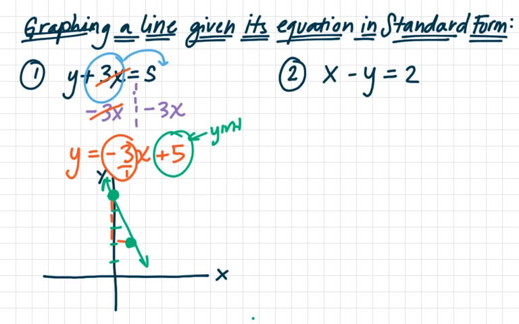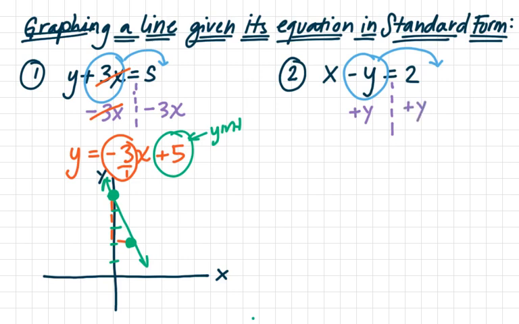Let's do another one. Again, we have both x and y on the left-hand side, which doesn't make it as easy to graph. So if we can change it to y equals mx plus b, that's going to be better. Since this is a minus y, I much prefer to have a plus y. So first thing I'll do is move that y to the other side. I'll say plus y on both sides.